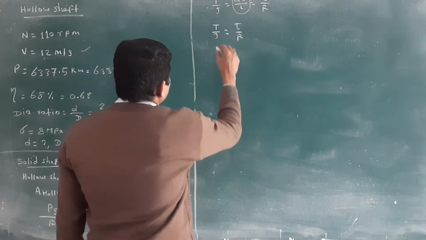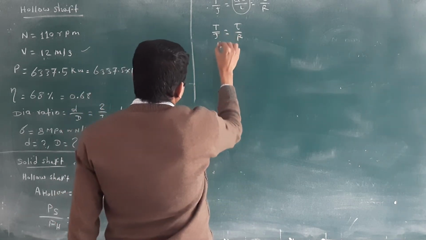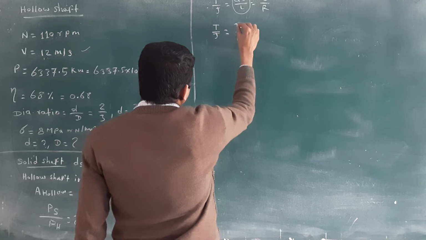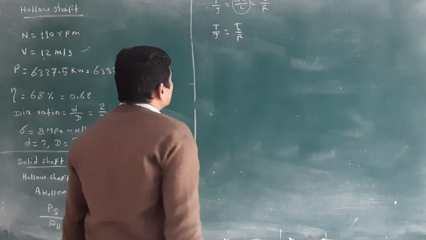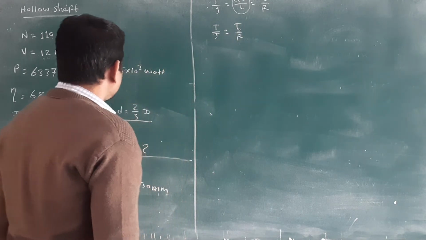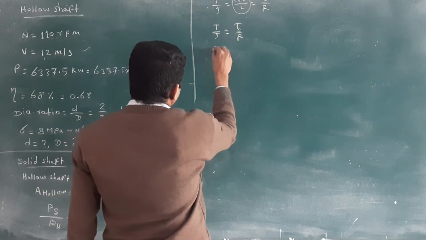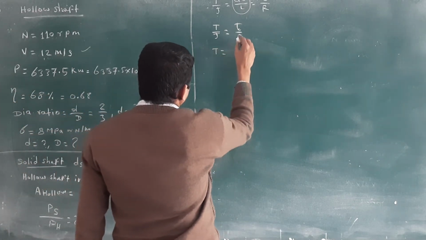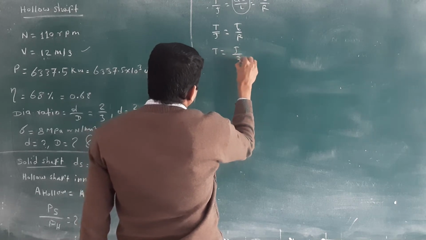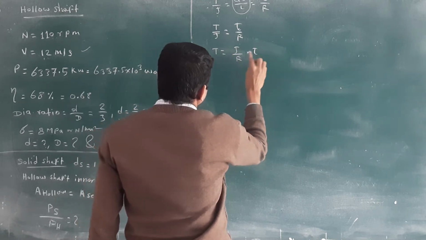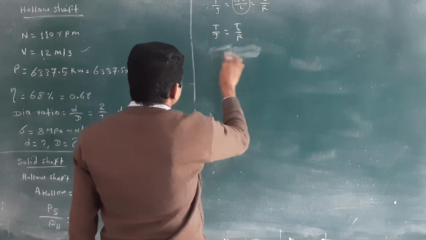We want to calculate tau, so we can write T is equal to J by R into tau.